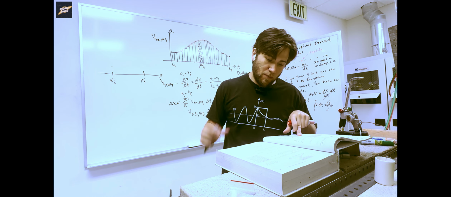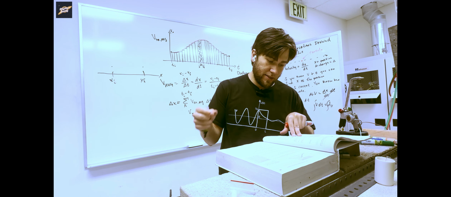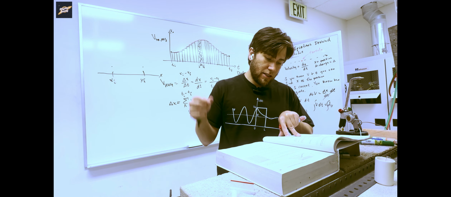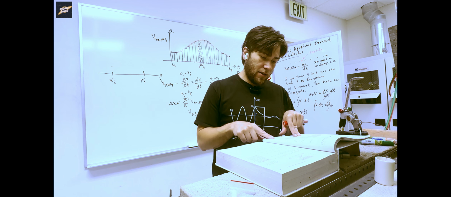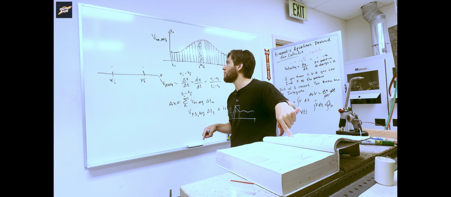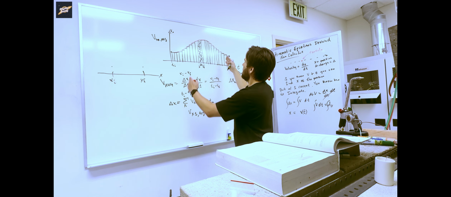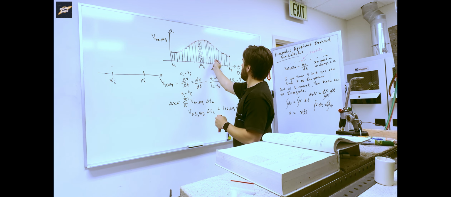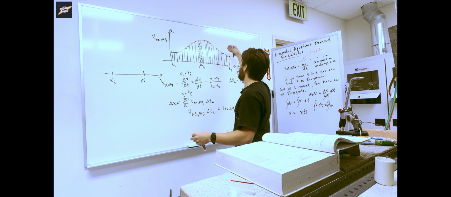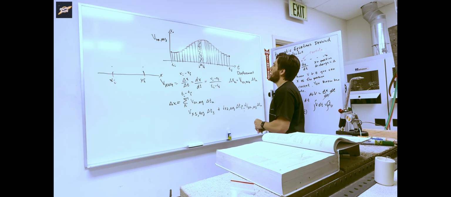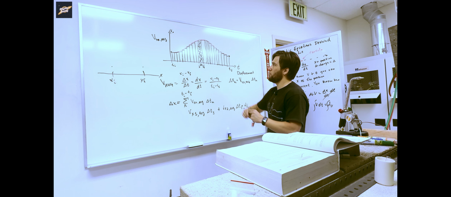Now, as intervals are made smaller and smaller, the number of terms in the sum increases, and the sum approaches a value equal to the area under the curve in the velocity-time graph. So if you were to make this delta t n smaller, you would need more of these rectangles to fill in this area.